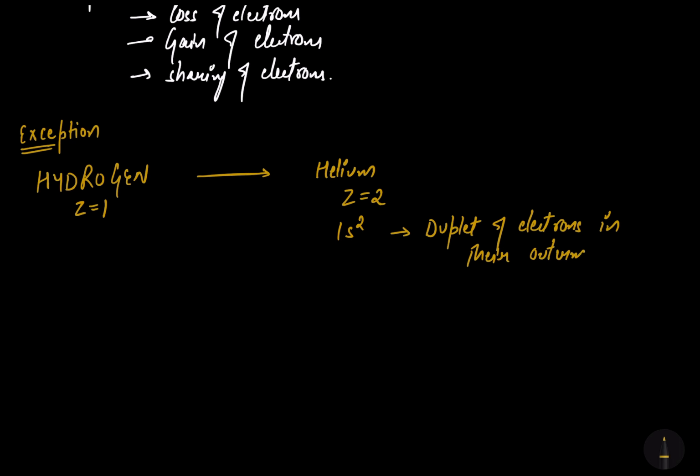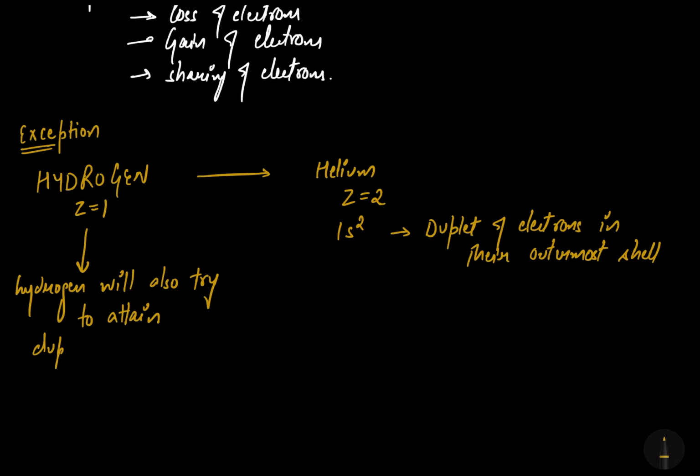So hydrogen will also try to attain a duplet in its outermost shell, because the nearest inert noble gas configuration is 1s2, and that's of helium.